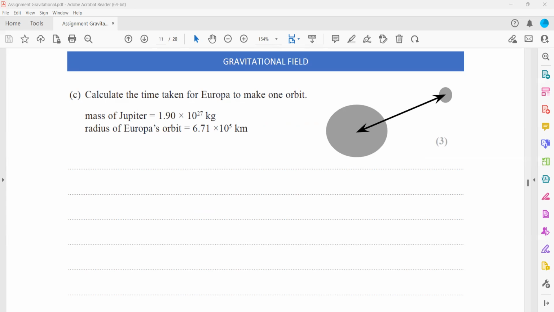So what we can say here is that the centripetal force is equal to the gravitational force.